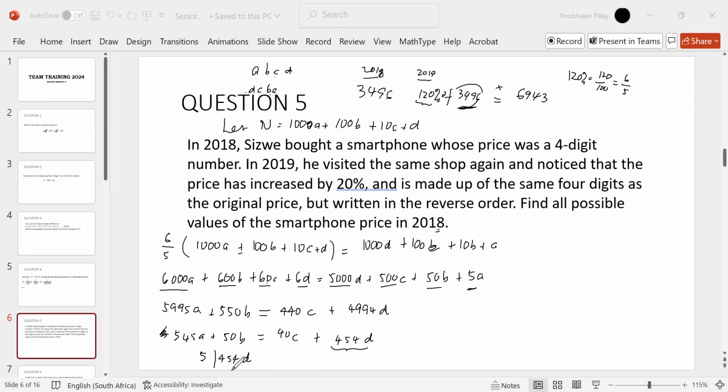So what does it mean? You got 454 here. And for 5 to be a factor of this, the only way this can happen is that if D is either 0 or 5. Right? So now straight away, we zoned in on what the possible value for D is, which is very nice.